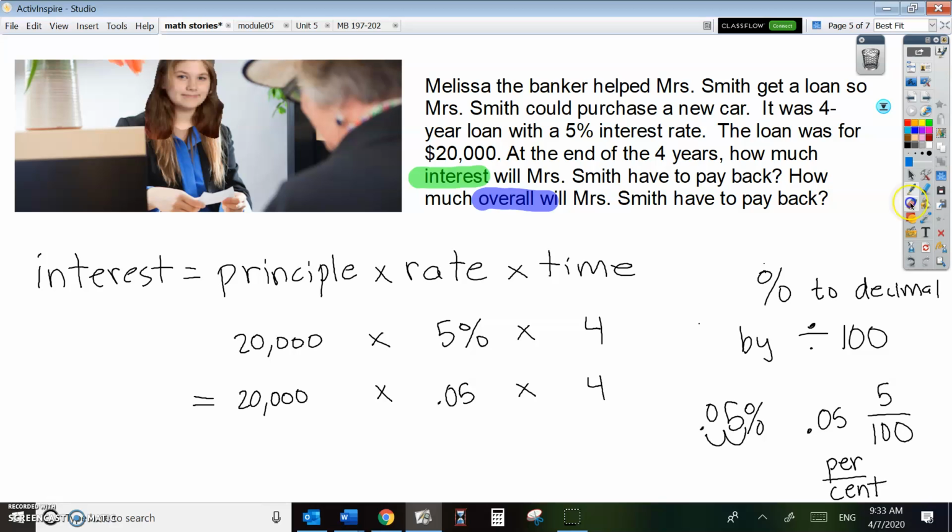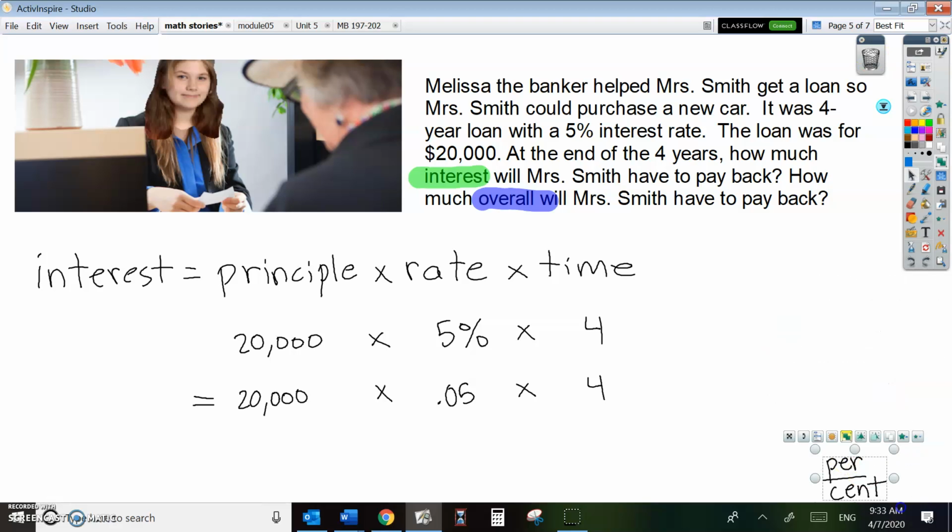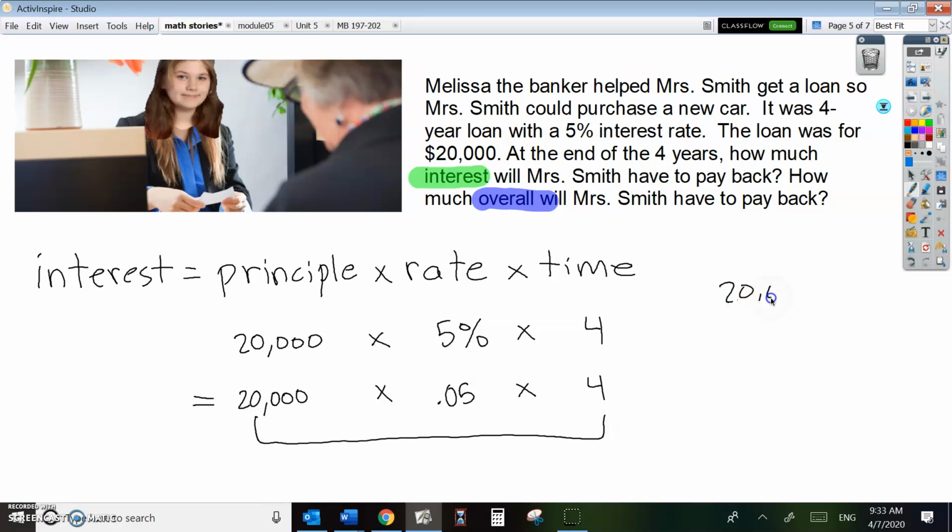So let's do our calculations over here. So let's do 20,000 times 4 first. Looks like we have 1, 2, 3, 4 zeros and an 8. So 80,000.